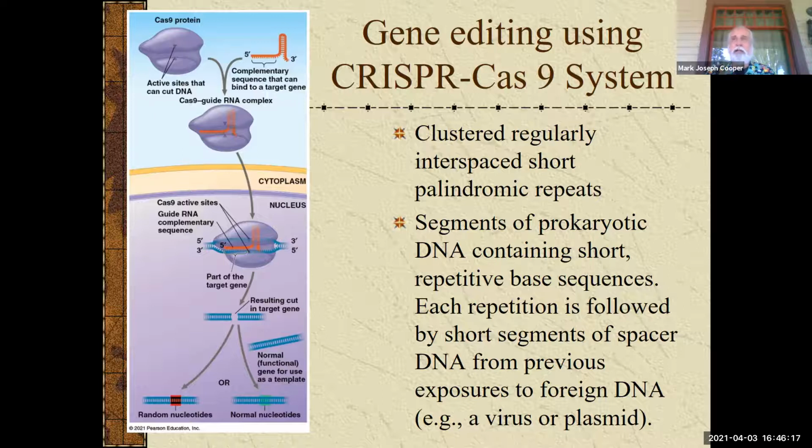Somebody down at, I believe it was UC Irvine, and then another group out of the country were fighting over who actually created this system. Anyway, it's going to be a great tool to get in there and target genes, especially if you have genes that are not functioning. But also, when should we use it? How should we use it? That is going to become a question in your time. So we'll stop there.